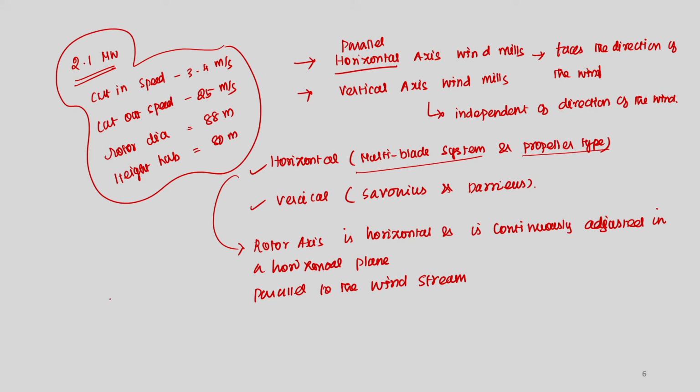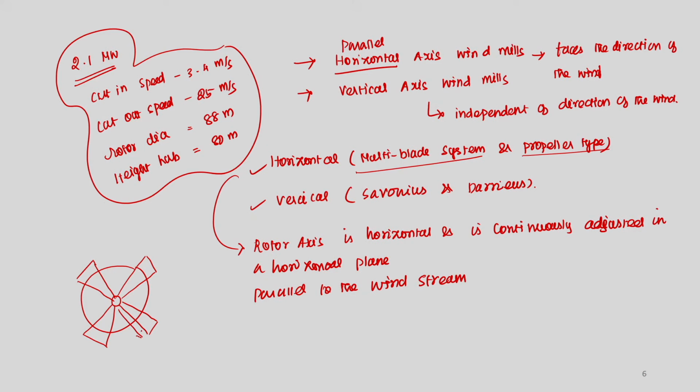So, multi-blade systems are something like this. You have an inner rim and outer rim. In this your blades are attached. I just drew 4, but it is a multi-blade system, that is what it is.